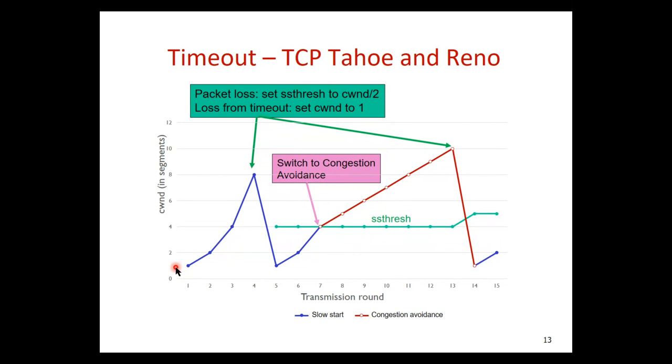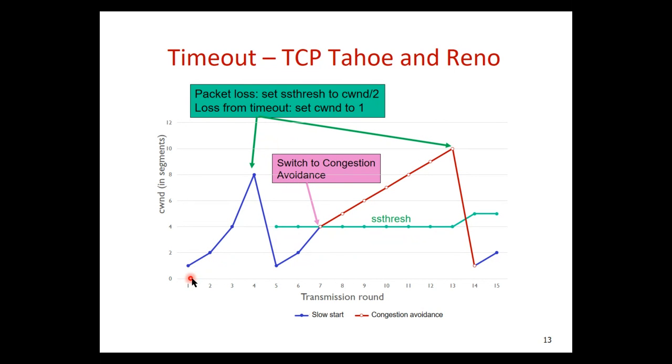So it's going to start with the lowest possible value of CWND, which is 1 packet, 1 segment, which is what we have here. It will send 1 packet and then stop because the window is 1. Wait for the ACK. When it receives the ACK, it will increase CWND by 1.